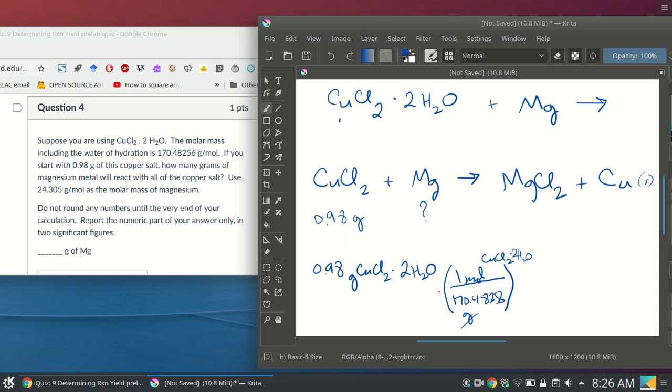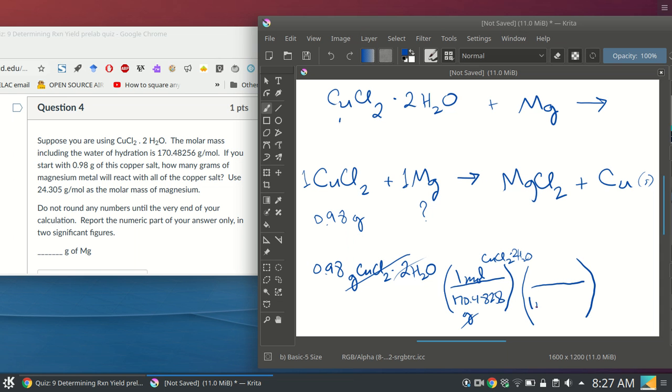So grams of this cancels with grams of this. That's good. And now I have moles of copper 2 chloride dihydrate. But I don't want moles of copper 2 chloride. So I look on the chemical equation and I see that this is really a 1. These are all 1s, right?